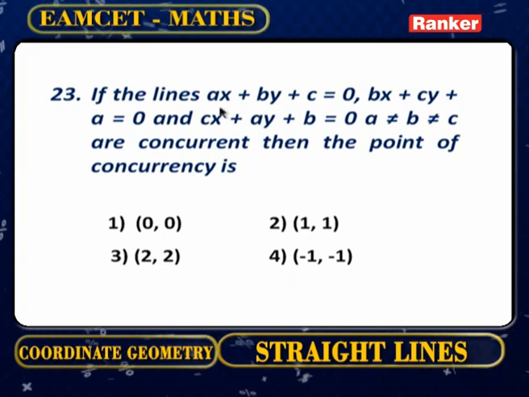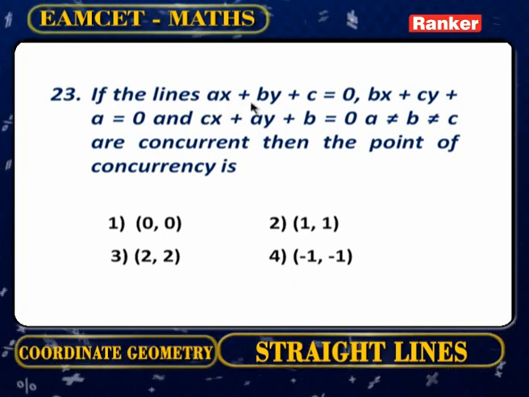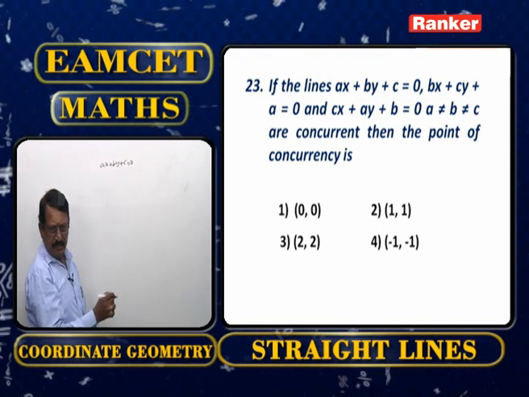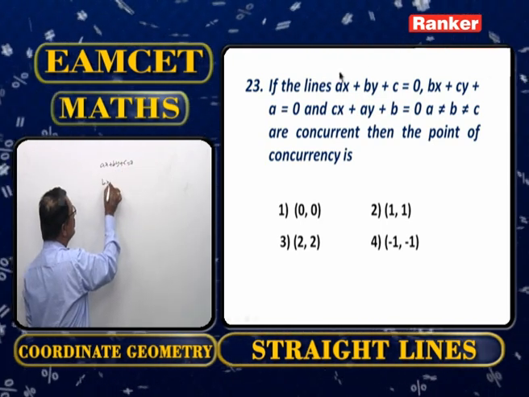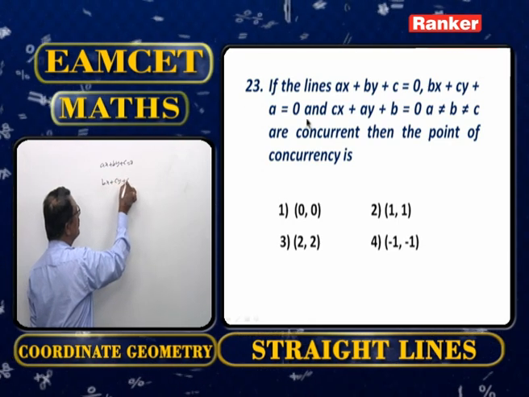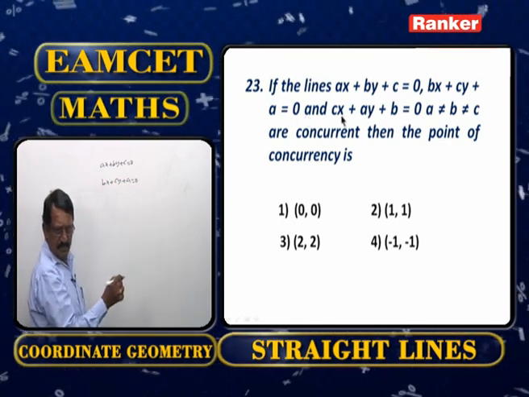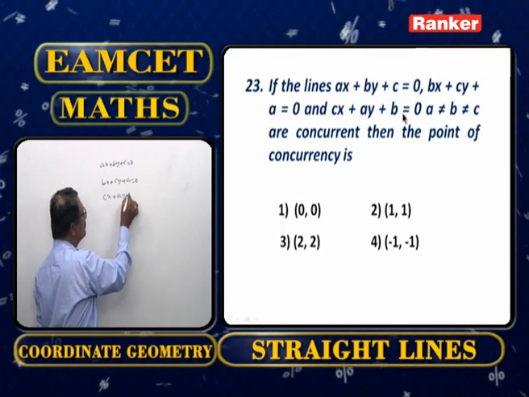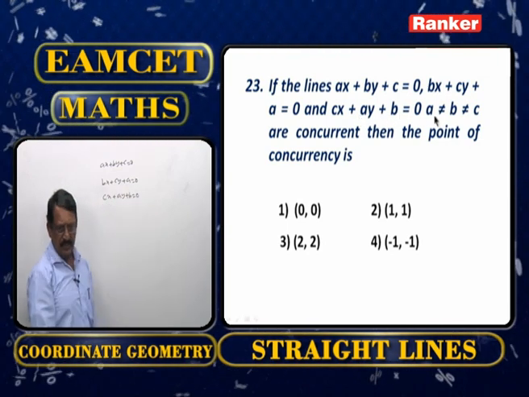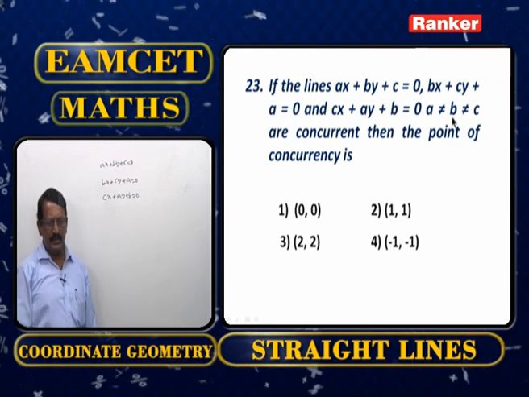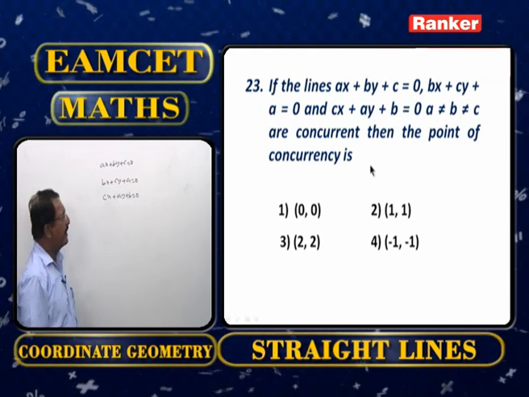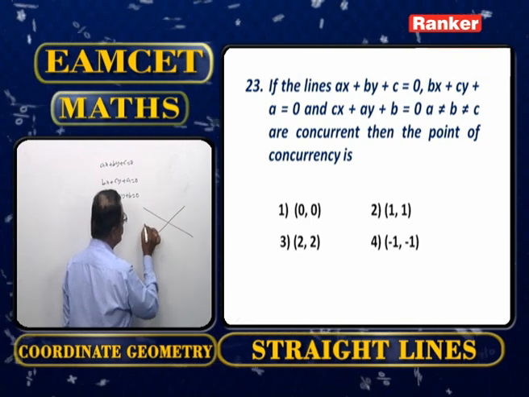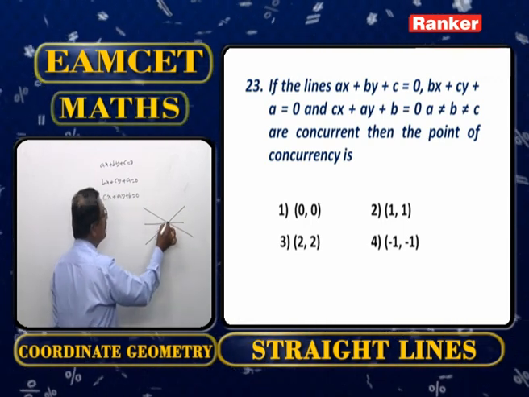If the lines ax plus by plus c equals 0, bx plus cy plus a equals 0, cx plus ay plus b equals 0 are concurrent, then the point of concurrency, the three lines are concurrent or passing through a fixed point, require that fixed point.